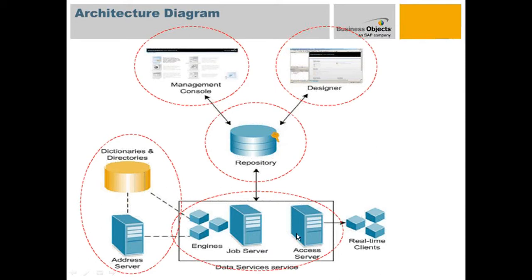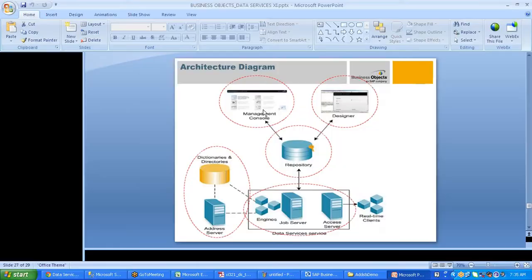The job server is in turn connected to the access server and engines, and the access server is connected to the real-time clients, and the job server engines are connected to the data dictionaries and address servers. So this is the architecture of Data Services.